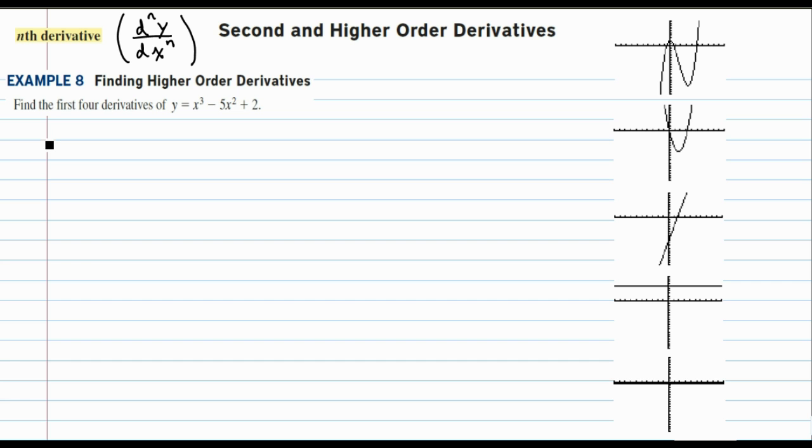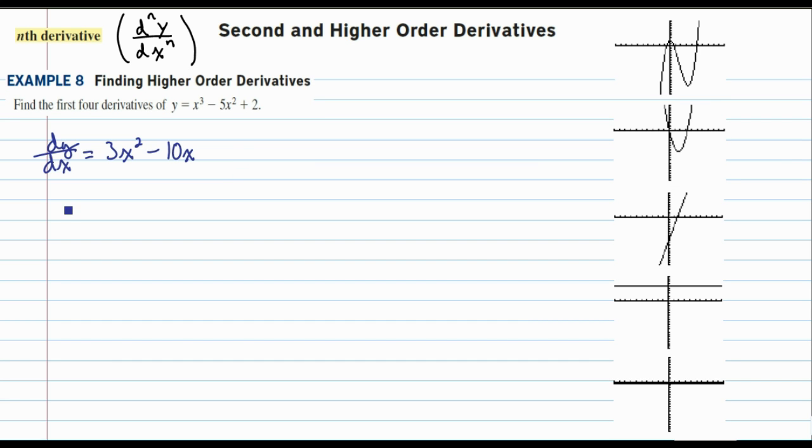Well, the first derivative, which we call dy dx, so the exponent in there is all 1, we'll use the power rule. So 3 down in front is 3x to the now second power, minus 2 times 5 is 10, x to the now first power, and then the derivative of a constant is 0, so we don't have to worry about that term.